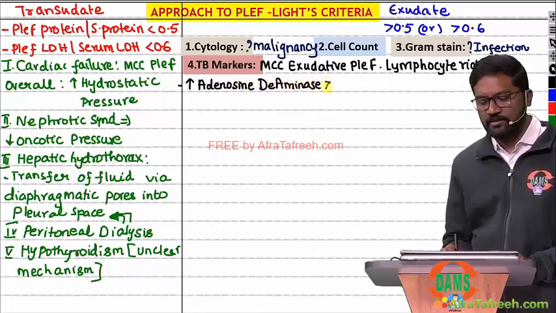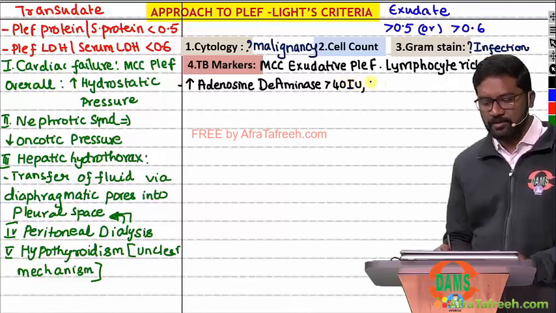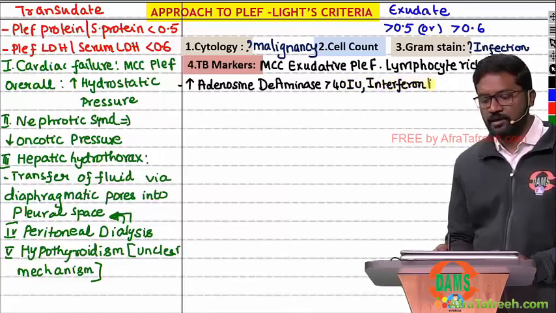The cutoff value is 40 international units. Another important marker is interferon gamma. Interferon gamma will be 140 picograms per ml.